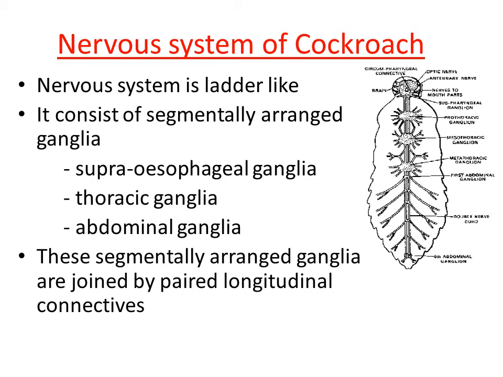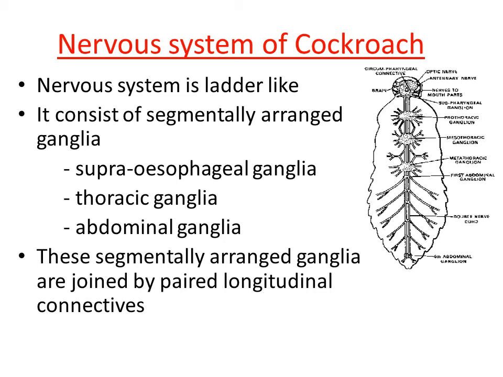So here you have to recall the terminologies that we have studied: supraesophageal ganglia, thoracic ganglia, abdominal ganglia. Also keep the number of these ganglia in mind.